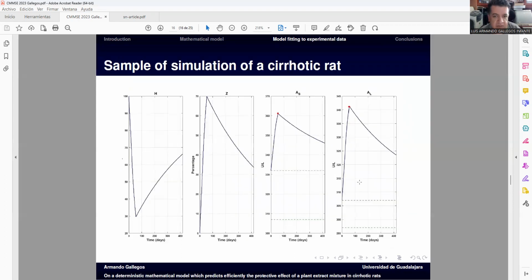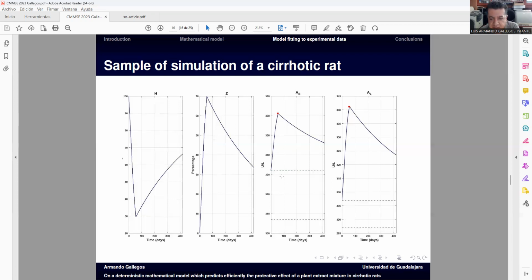But for a simulation of a cirrhotic rat, for example, here we can see one sample. We start with 100% healthy hepatocytes. We administered the tetrachloride, and the healthy hepatocytes decrease until 30%, and the damaged hepatocytes increase until 70%.